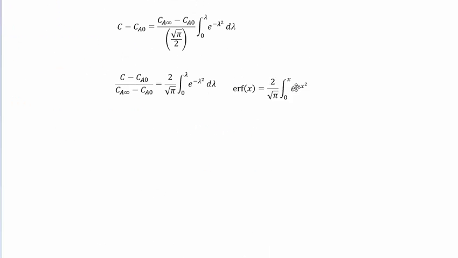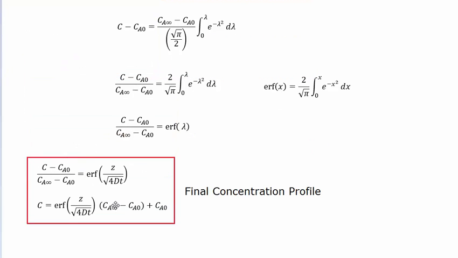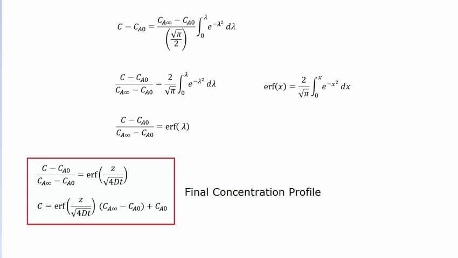Now you see that we do have a true error function on the right-hand side of the equation. And the error function, remember, since the variable up here is lambda, it's going to be the error function evaluated in terms of lambda. So at this point, we finally have a concentration profile.